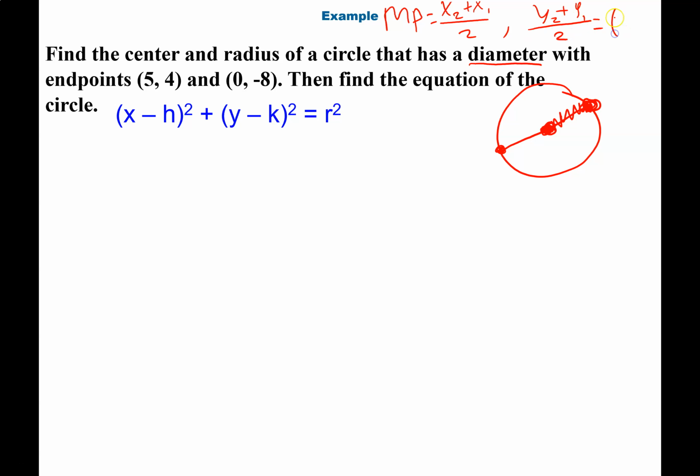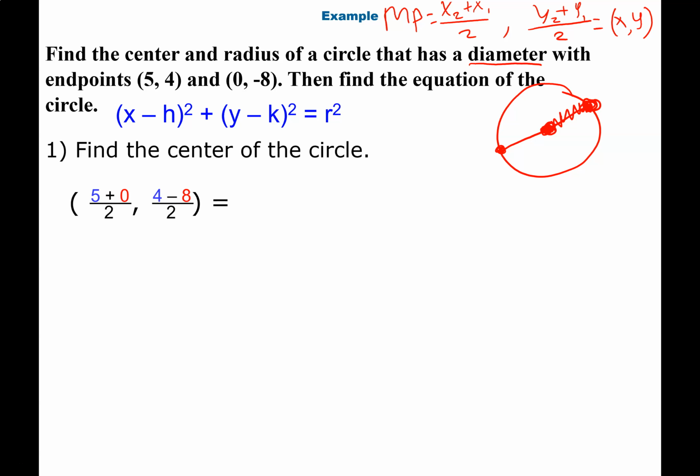That's supposed to give us an x and y coordinate. I hope that kind of rings a bell from the past. Again, we're going to find the center of the circle. So this is me already substituting in x2 and x1, and then y2 and y1, and we're dividing those by 2. When I do that, you should end up with 2.5 comma negative 2.